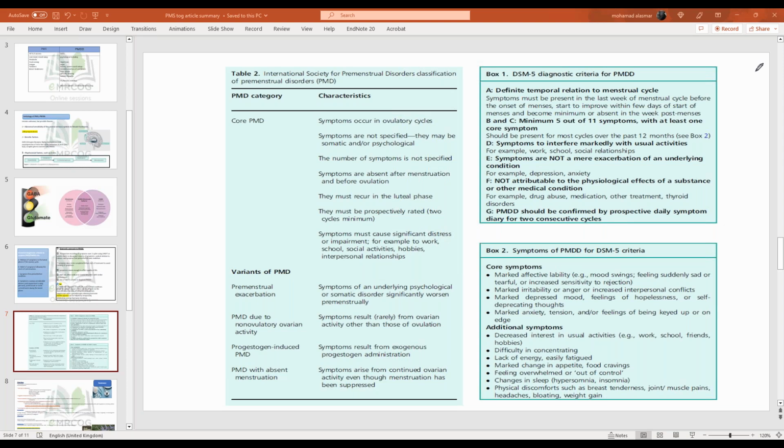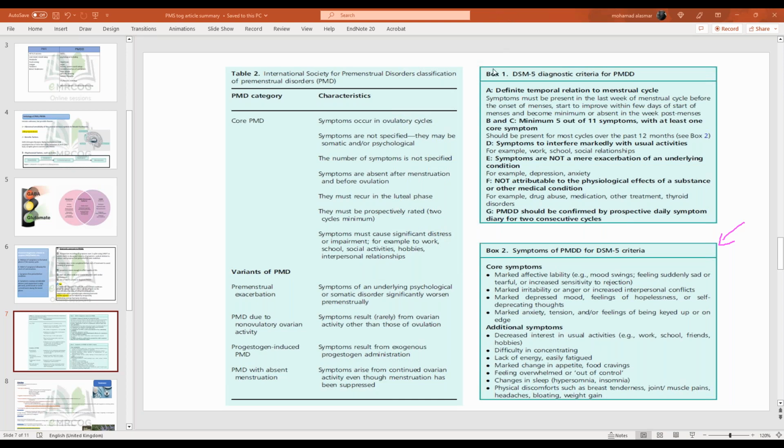Clear? Okay, so the next box, number 2, is giving you the criteria again. It is the same thing: marked affective lability, marked irritability or anger, marked depressive mood, marked anxiety and tension, same thing. Difficulty in concentration, lack of energy, marked change in appetite, feeling overwhelmed or out of control, a change in sleep, physical discomfort.